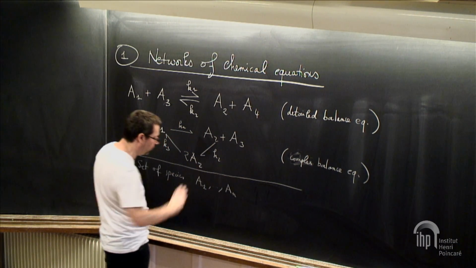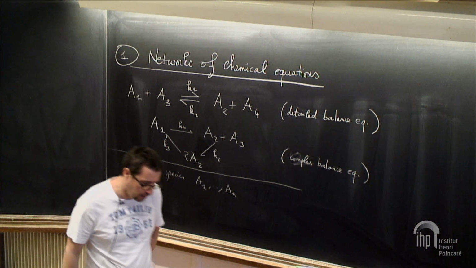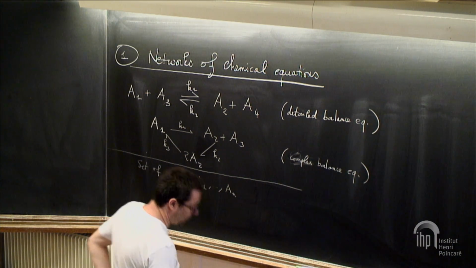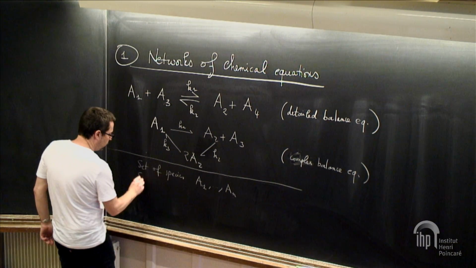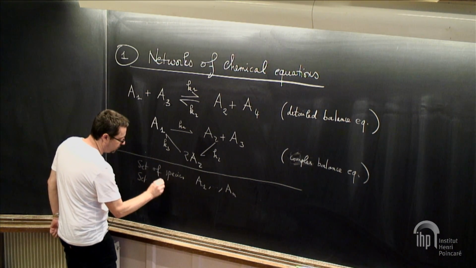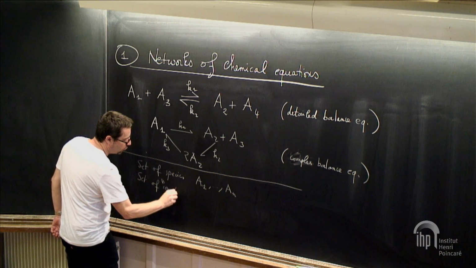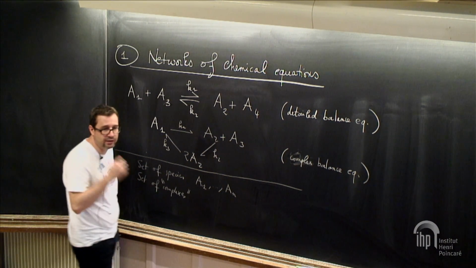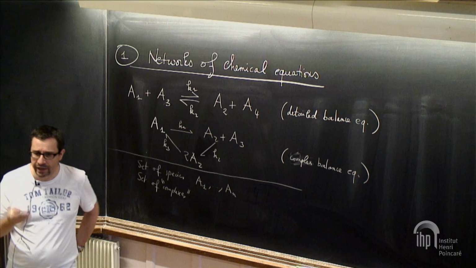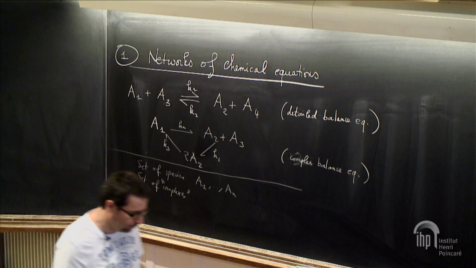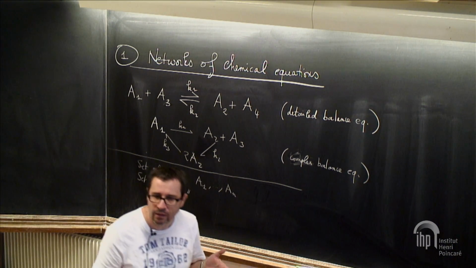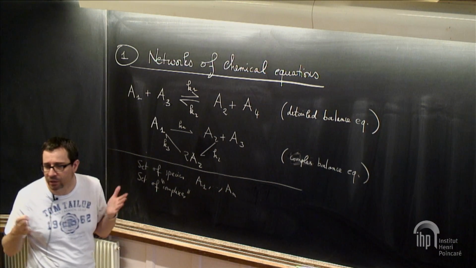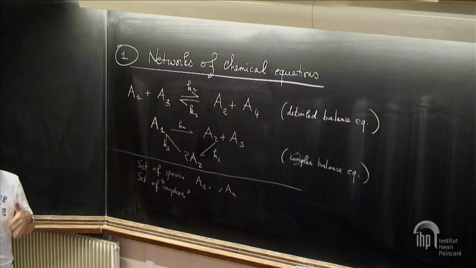So you have a finite number of them. Then you consider a so-called set of complexes. So this is a vocabulary which is used in this theory. A complex means a formal sum, or linear combination with integer numbers, of the species which are above.